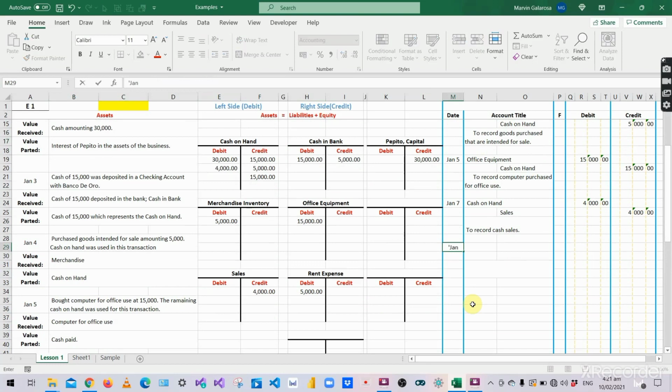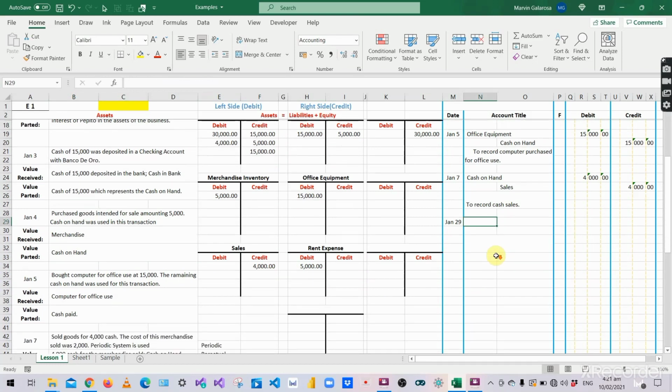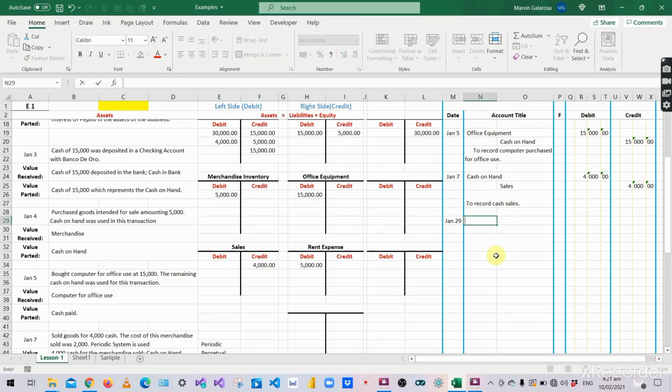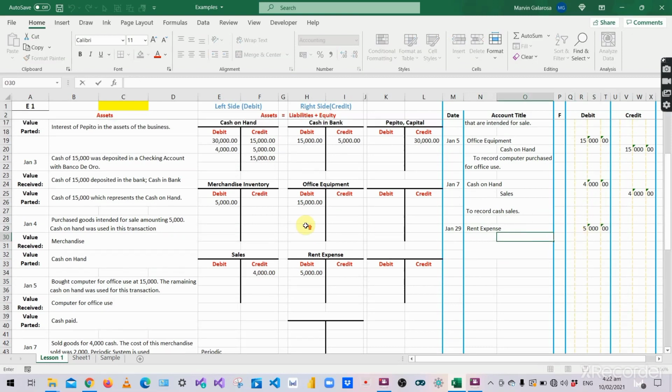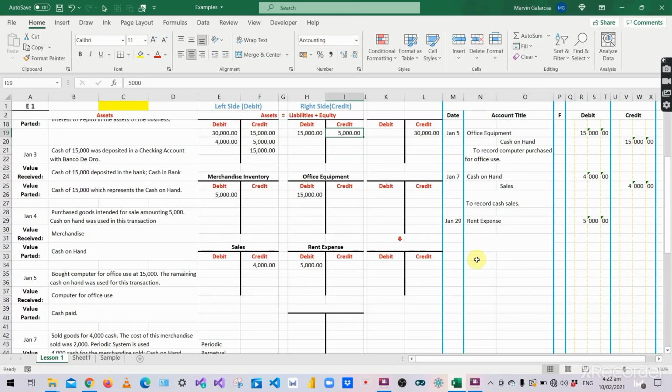January 29. Debit, rent expense, 5,000. Credit, cash in bank, 5,000.